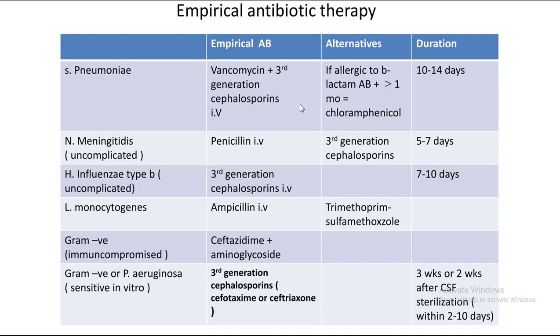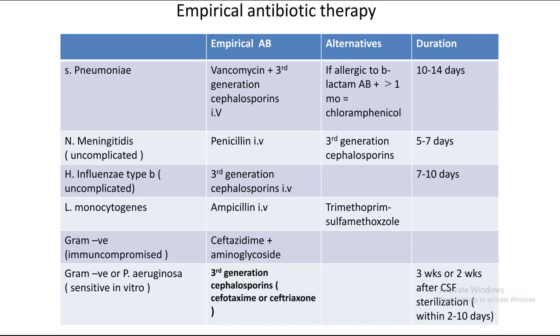There will be delay, so you have to start empirical treatment. And as we review the pathogens in children aged 2 months to 12 years or younger, then we have to start empirical antibiotics suitable for this type of pathogens.